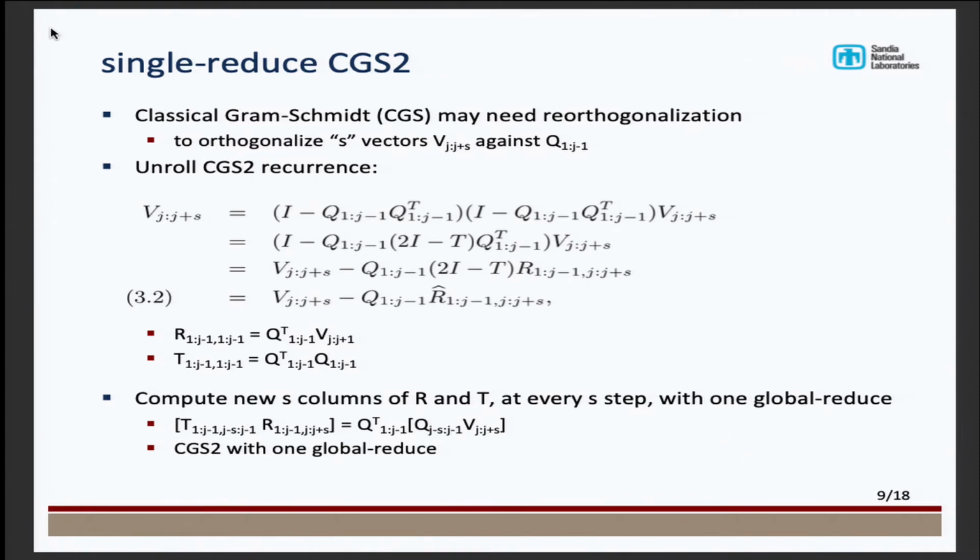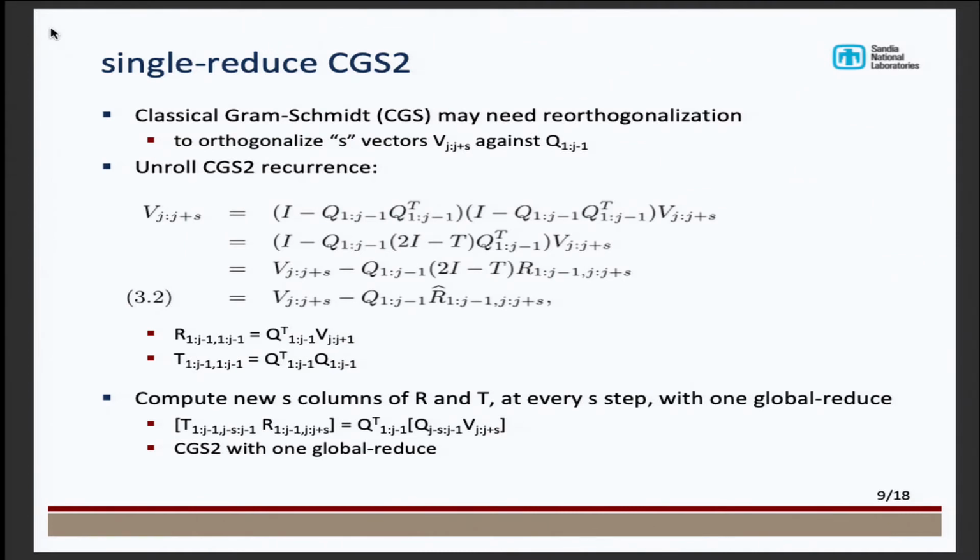But if we expand this, we get this new equation here, where this T matrix is just the Gram matrix for these previously orthonormalized vectors. So in exact arithmetic, this matrix here in the parenthesis is simply the identity matrix. So this becomes just applying classical Gram-Schmidt once.